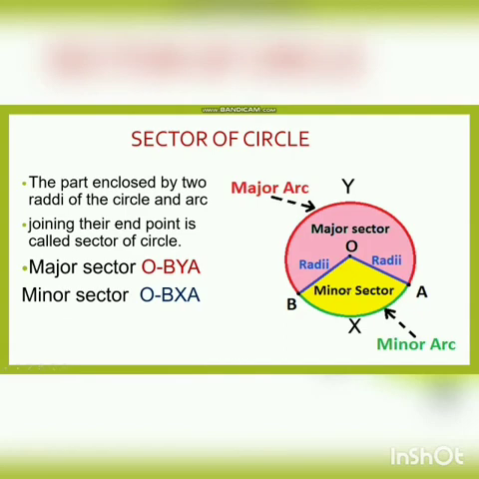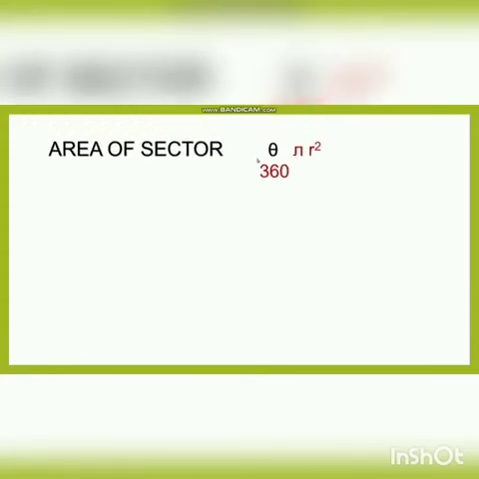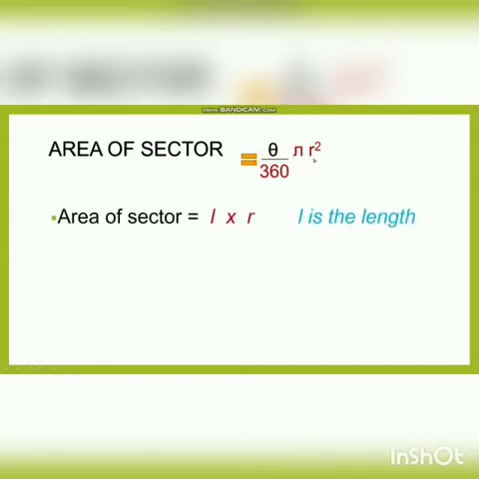Now to calculate the area of a sector, multiply the area of a circle with theta upon 360. So the formula of the area of a sector is equal to theta upon 360 into pi r square.